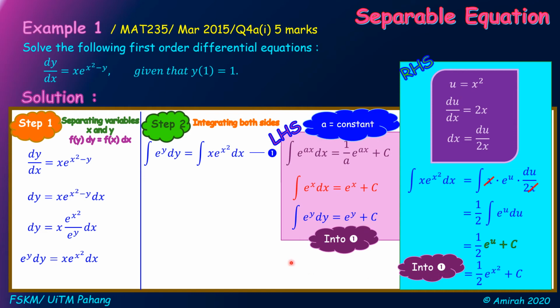So after that, we can substitute into equation 1. After we substitute into equation 1, we have the general solution. From the left hand side, the answer is e to the power of y plus c, equals, from the right hand side, half e to the power of x squared plus c.